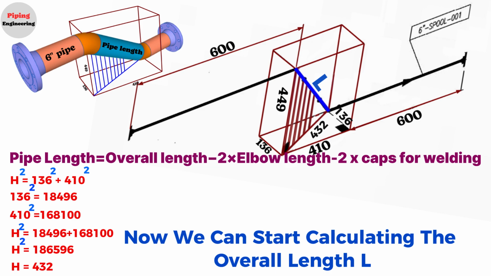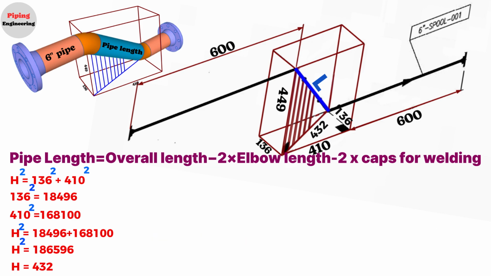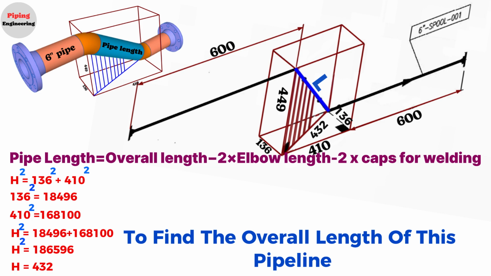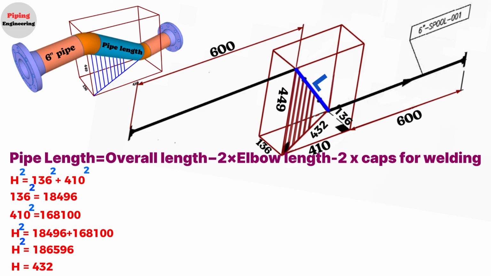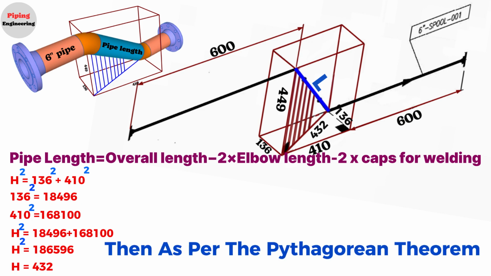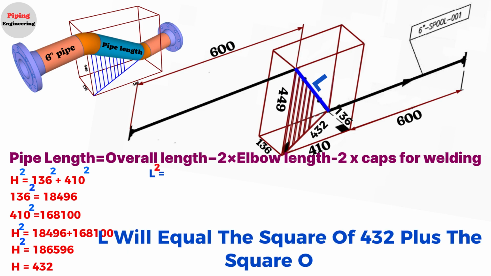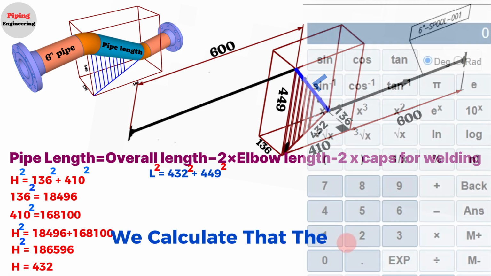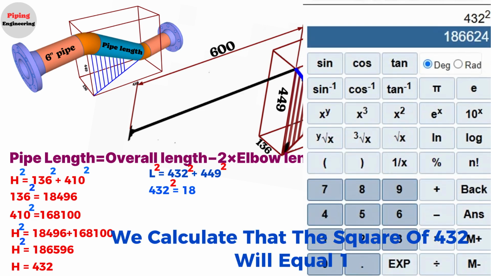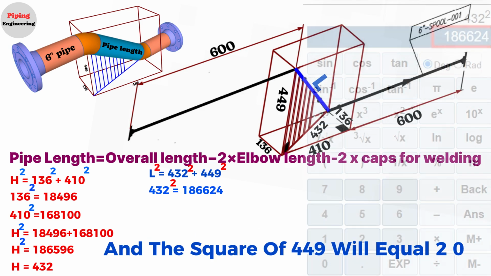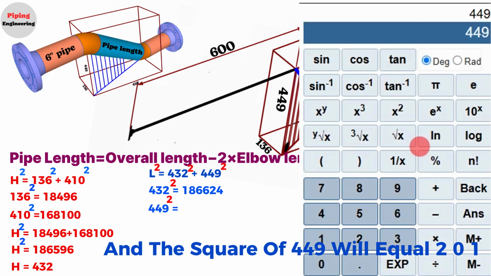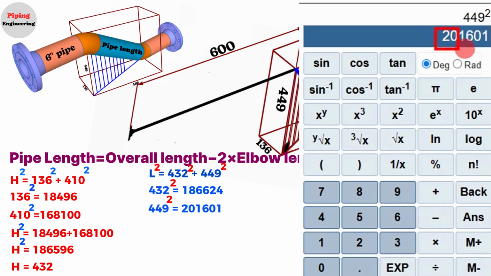Now, we can start calculating the overall length, L. To find the overall length of this pipeline, we will use the Pythagorean theorem again. Then, as per the Pythagorean theorem, the square of the hypotenuse, L, will equal the square of 432 plus the square of 449. Using a calculator, we calculate that the square of 432 will equal 186,624, and the square of 449 will equal 201,601.